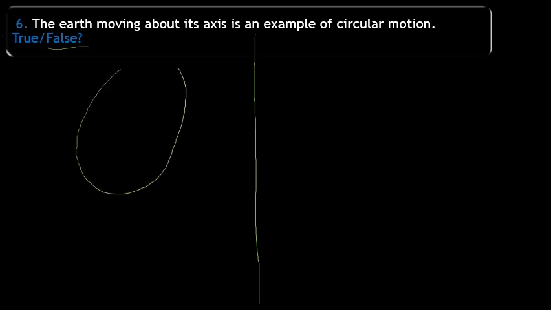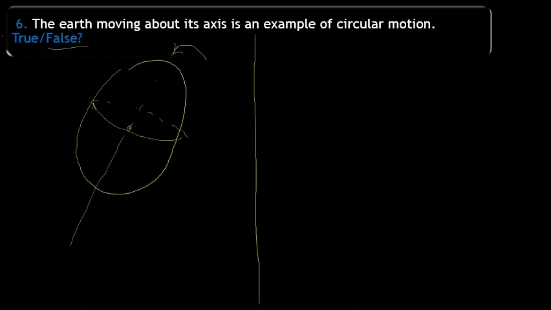Okay, the next question. The Earth moving about its axis is an example of circular motion. True or false? It is false. All right, because you have, this is the Earth, for instance, and this is the axis of rotation, and let's imagine that here is the center, the equator. This is rotating like this.